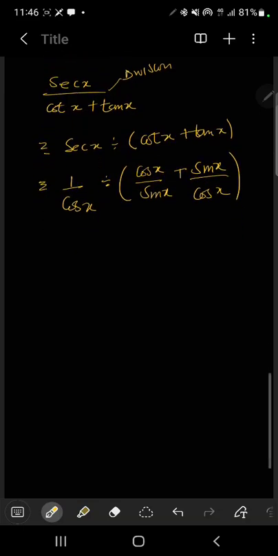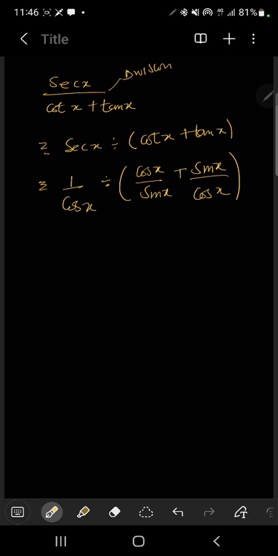Now, following the principle or concept of BODMAS, it is important for us to work out what we have first in the brackets. So let us work out what we have in the brackets.